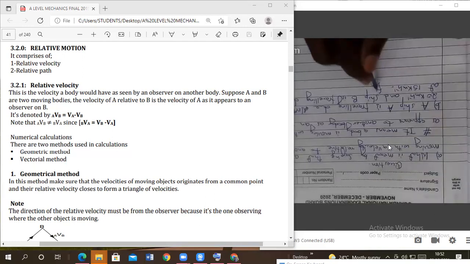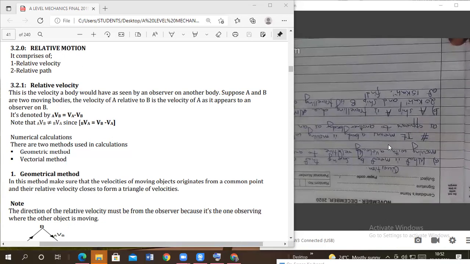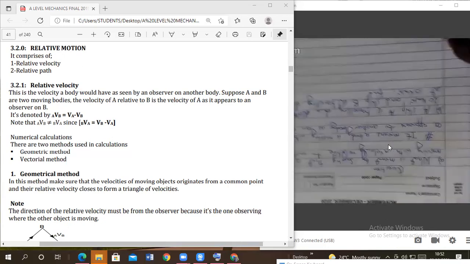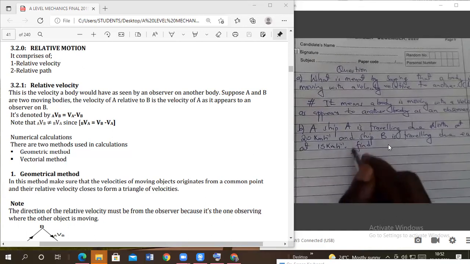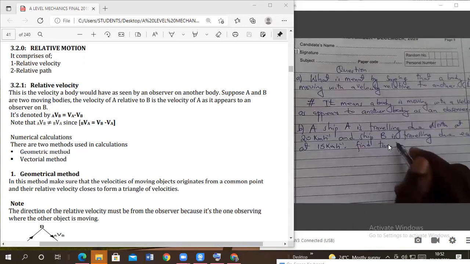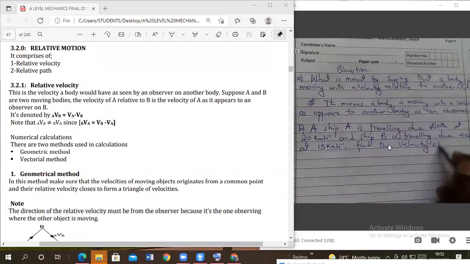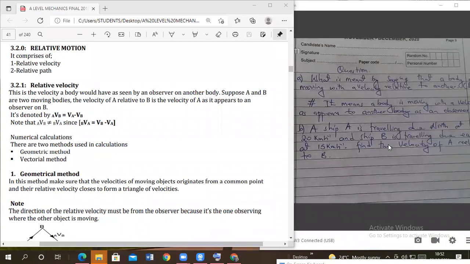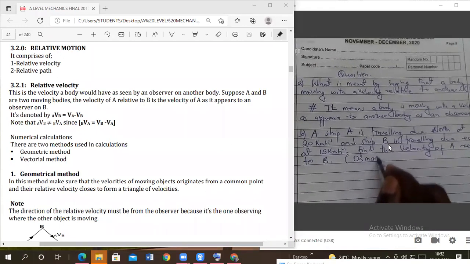Find the velocity of A relative to B. 3 marks. That one I've given 3 marks.